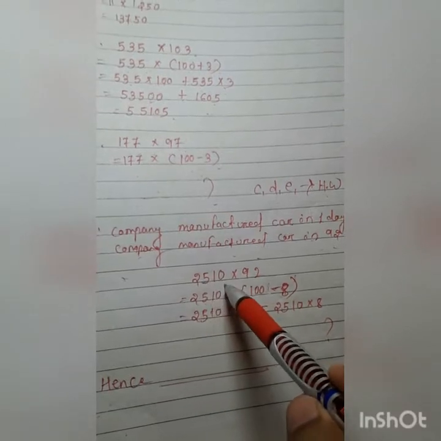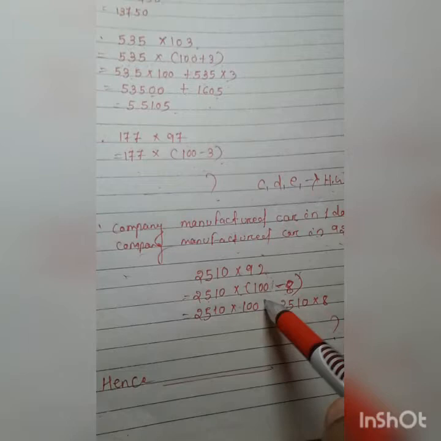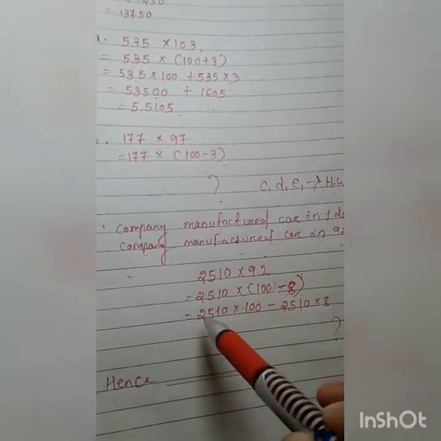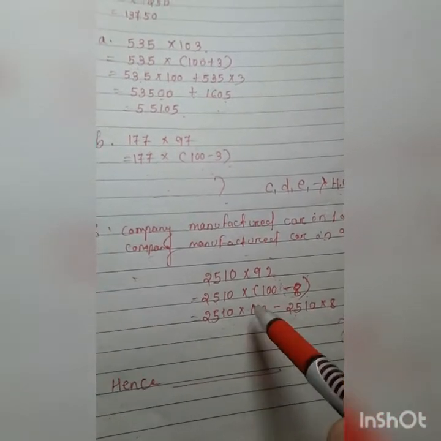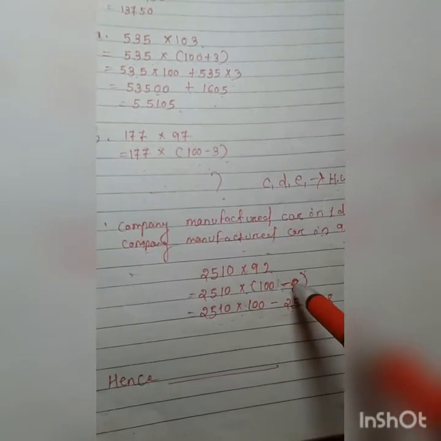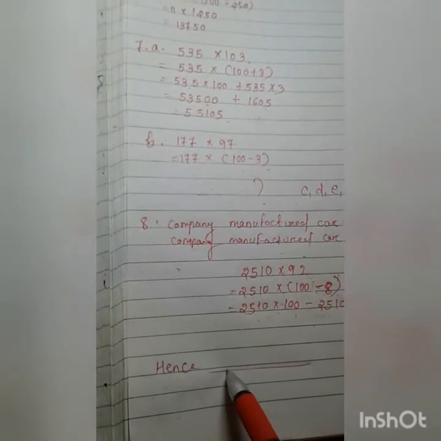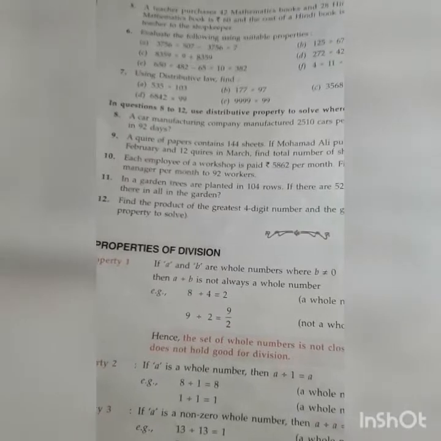Means 2510 multiply 92. 92 means, children, you can write 100 minus 8. Then 2510 multiply 100, then 2510 multiply 8. Then you solve yourself. Lastly you write hence.